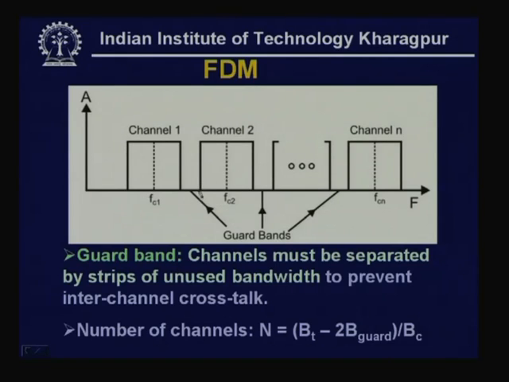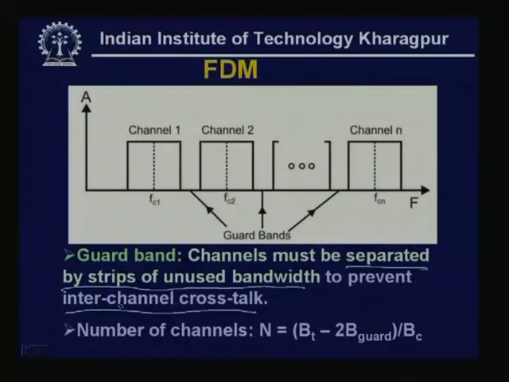You have to use some guard band between the two, so that they are separated by strips of unused bandwidth to prevent inter-channel crosstalk. As you know, whenever you perform frequency modulation, the bandwidth increases, and you have to overcome the crosstalk. So, inter-channel crosstalk has to be avoided, and to do that guard bands are used.